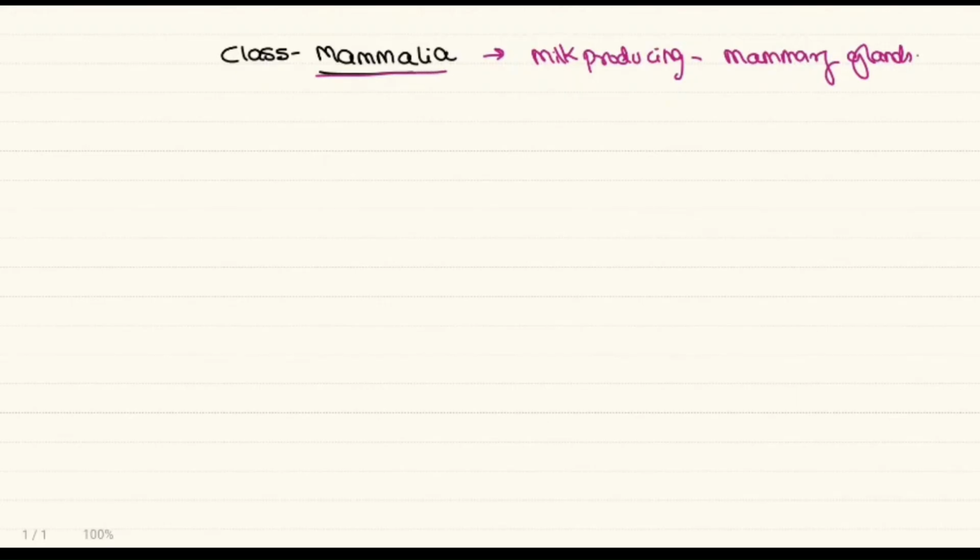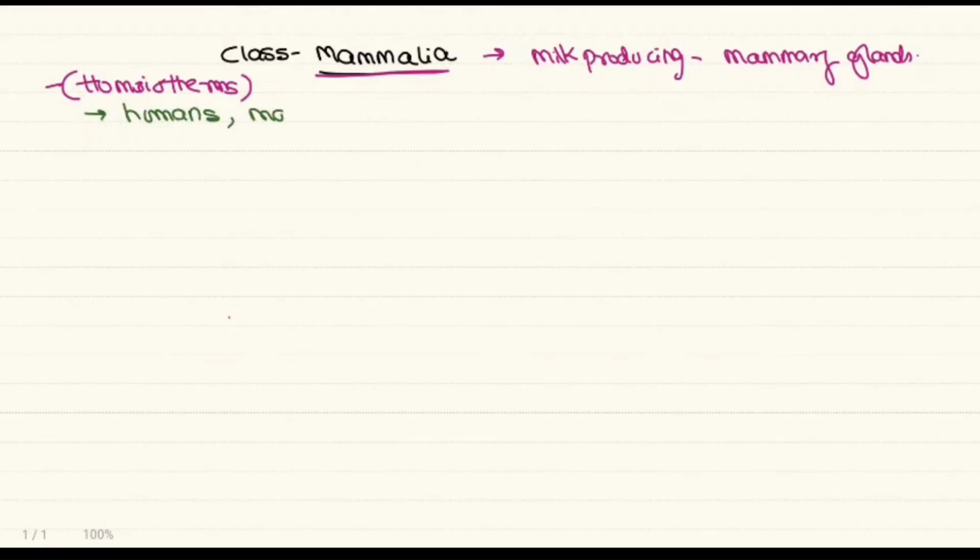So these animals have a unique character of producing milk to nourish the young ones. Thus the name Mammalia. All the mammals are homeotherms, that is, warm-blooded animals. They maintain constant body temperature.